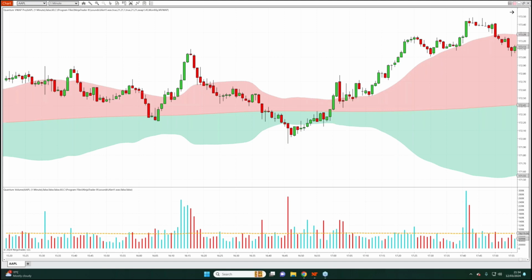And the reason is that the tail is now wagging the dog. In other words, the options market is so important. It is so key to understanding why stocks move in the way they do, why they hit resistance levels, why they hit support levels.